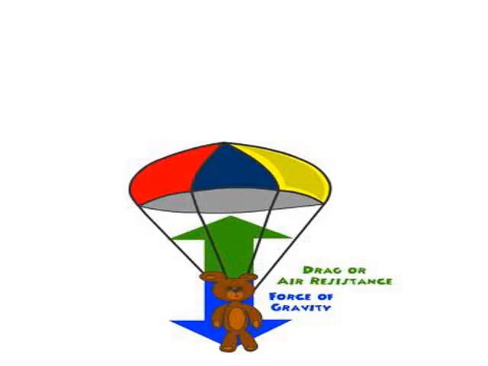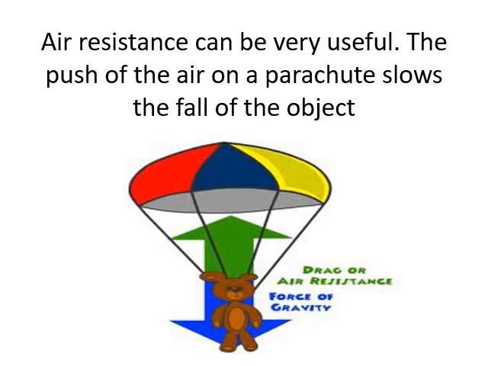Sometimes air resistance is very useful, such as in the cases of free falls or using a parachute to get out of a plane, for example. So how does that work?